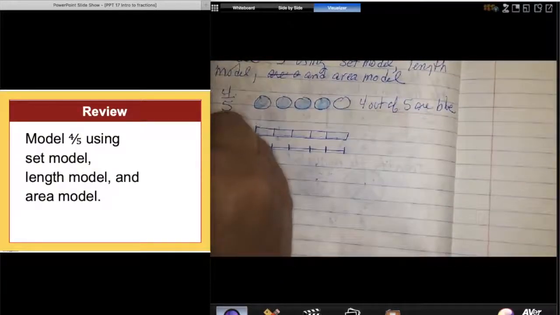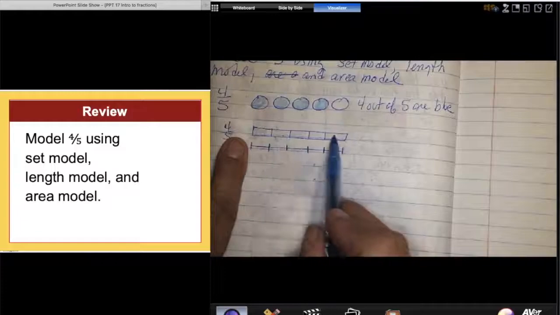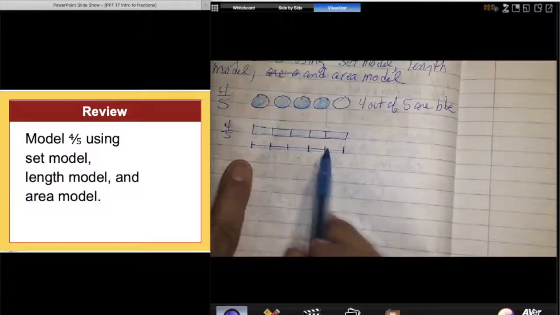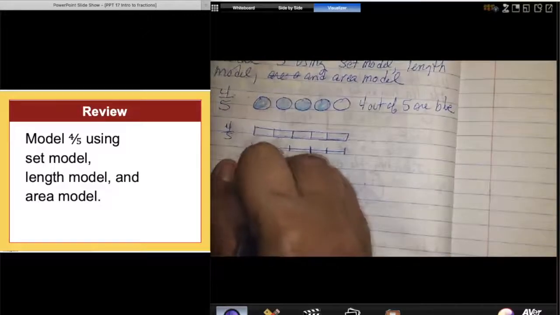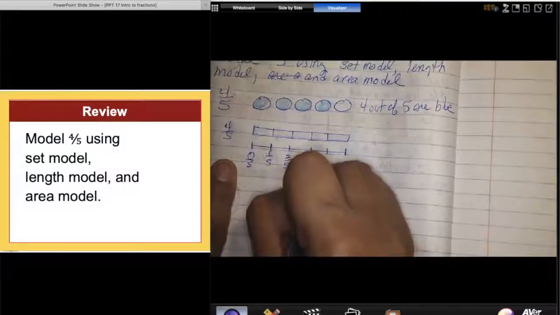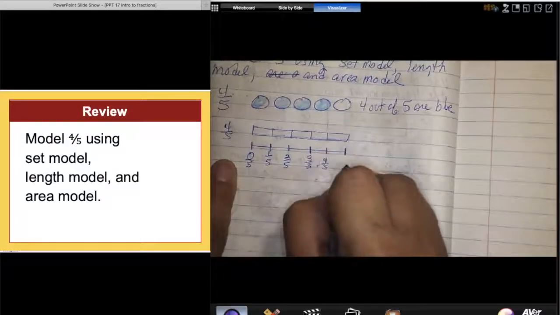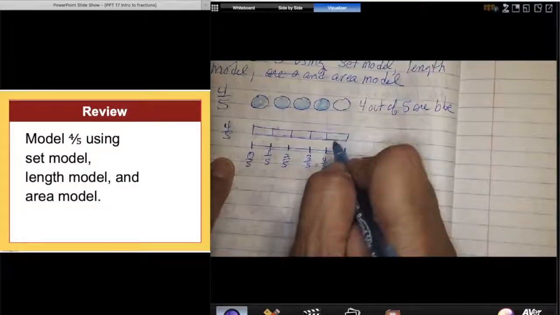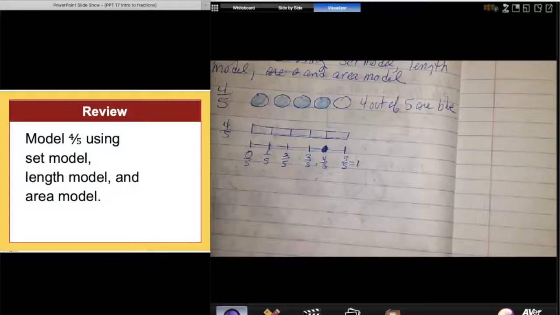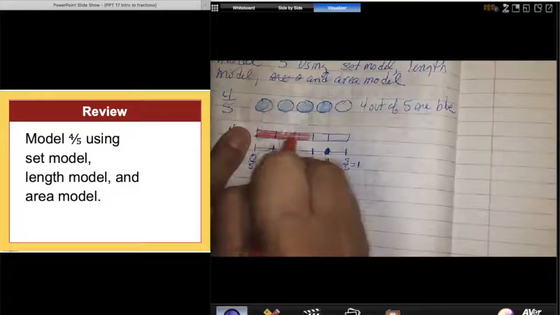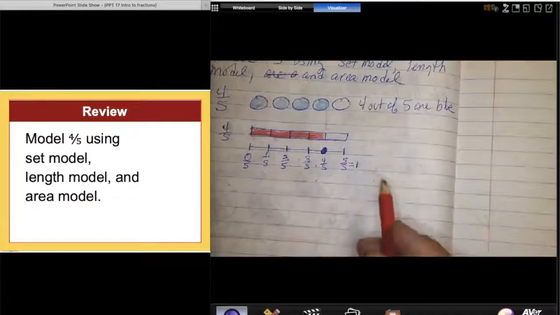Now I'm going to do the length model. There we go. So here I could do a fraction strip, or I can also do a number line. So this would be 0, 0/5, 1/5, 2/5, 3/5, 4/5, and 5/5, which is my 1. Okay.